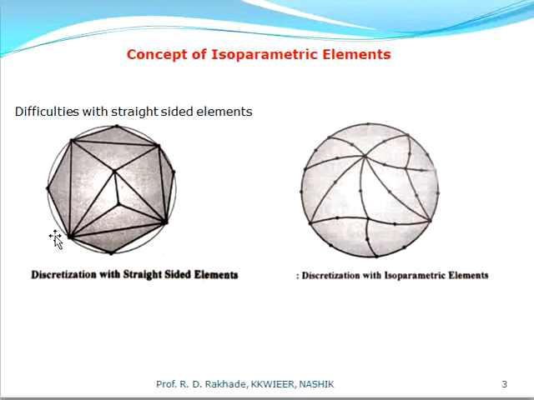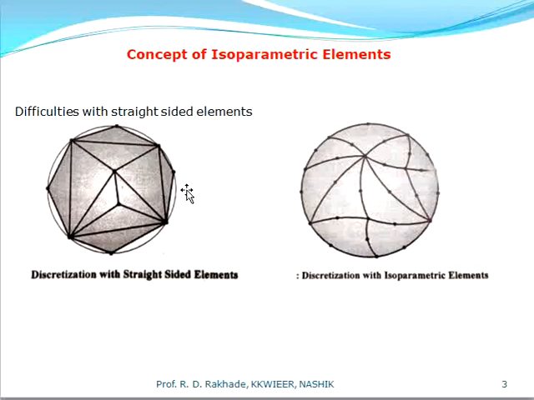If you mesh using straight line side elements, then we will get an approximate solution, because some curved portion is not covered by the straight line elements. So if a body is discretized using straight side elements, it results in approximation of curved boundaries. We will not get an accurate solution in curved boundaries as a straight side polygon.